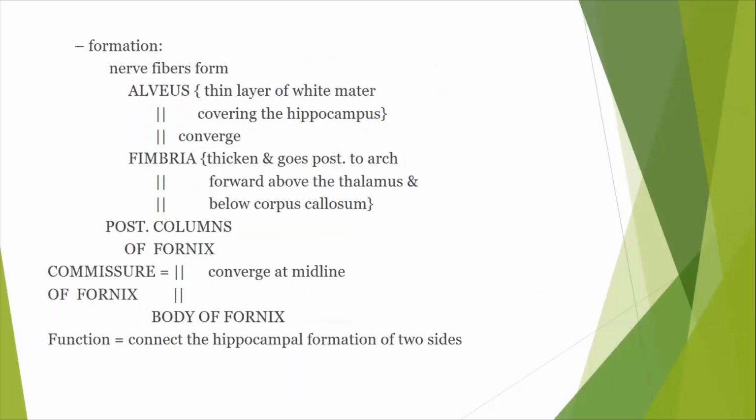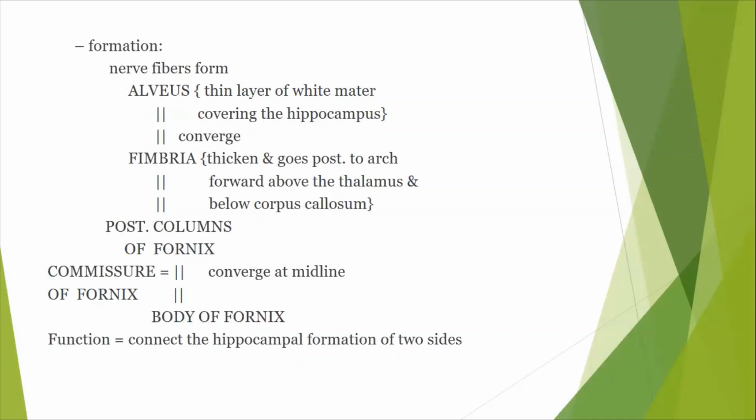This thin layer of white matter will converge and thicken to form your fimbria. It will go posterior to arch forward above the thalamus and below the corpus callosum, and as the fimbria further thickens, it will form your posterior column of fornix.